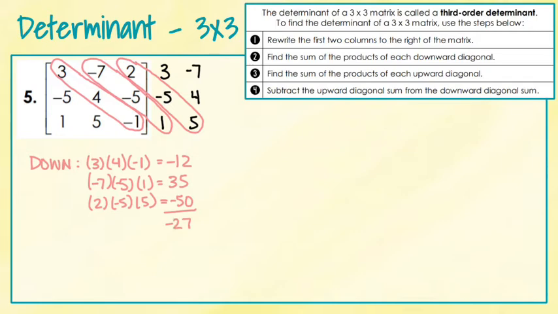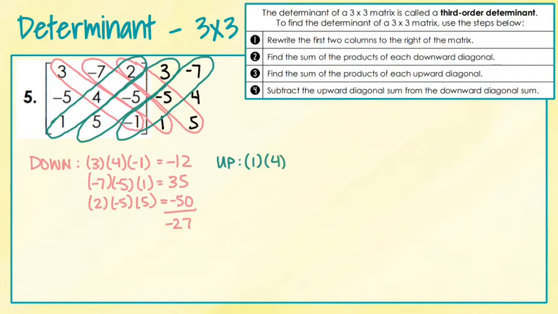So now we need to do the upward diagonals. These are the ones that start at the bottom and go up. So our upward diagonals are going to give us 1 times 4 times 2, which equals 8.